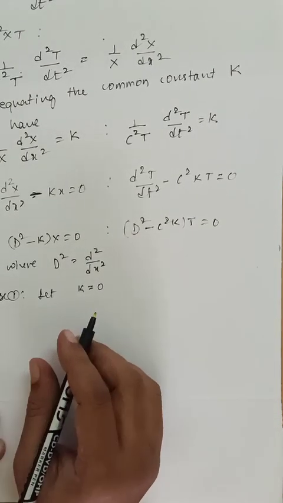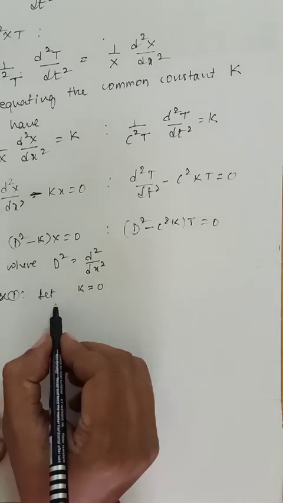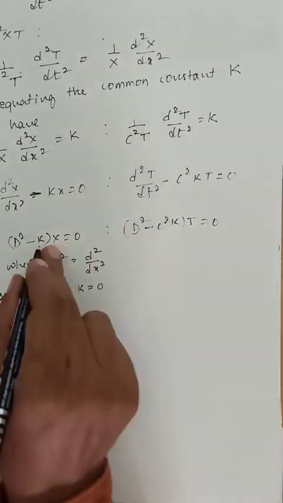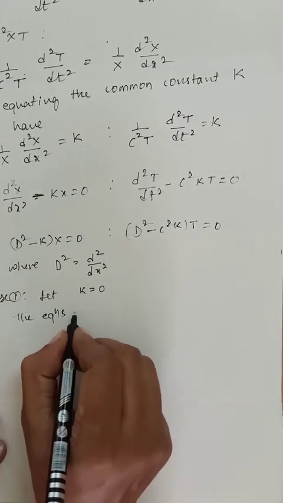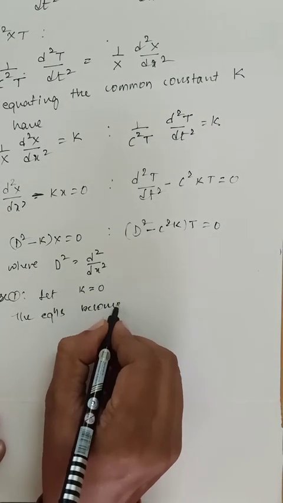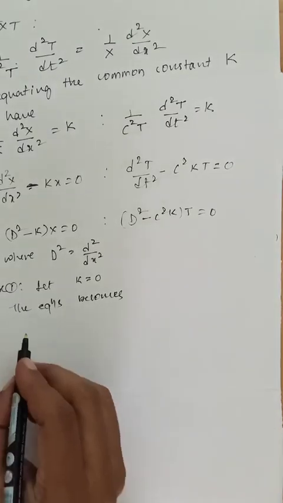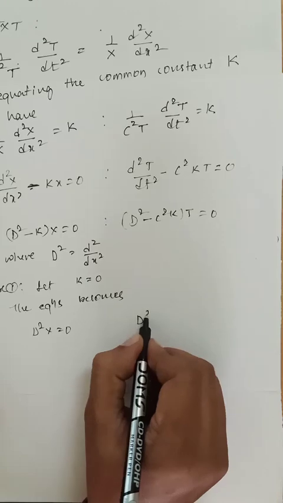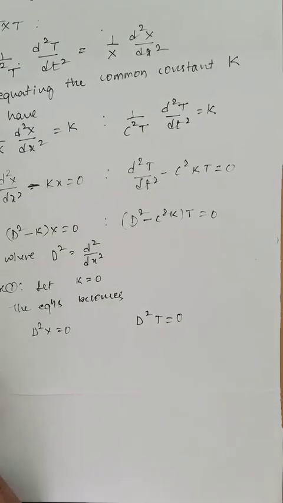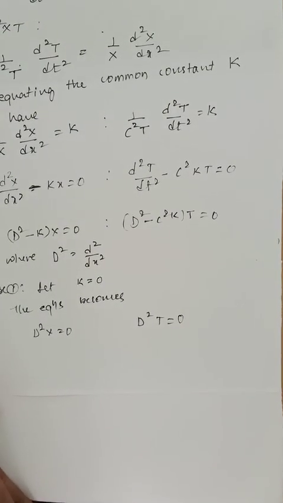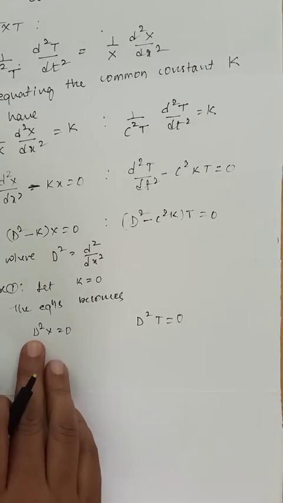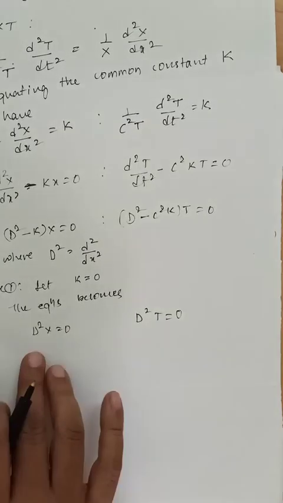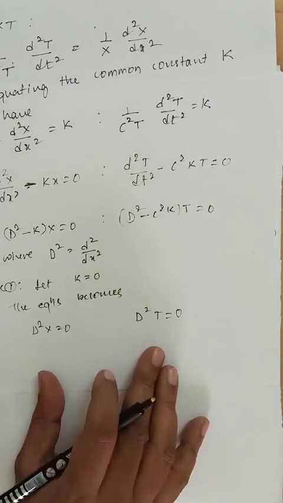So these 0, positive and negative are called various possible solutions. Now we consider case 1, let k equal to 0. The two equations become D square X equal to 0, and D square T equal to 0. You know how to solve a second order ordinary differential equation with constant coefficients; we already discussed it in the second semester.